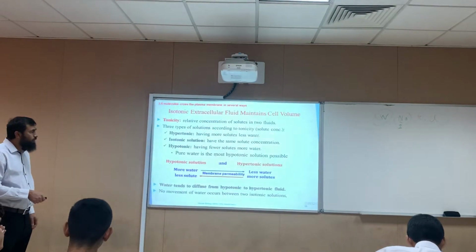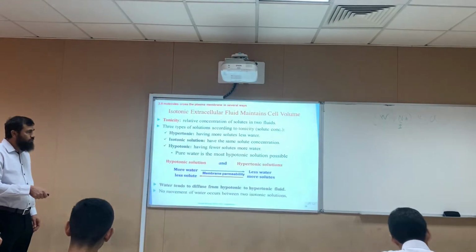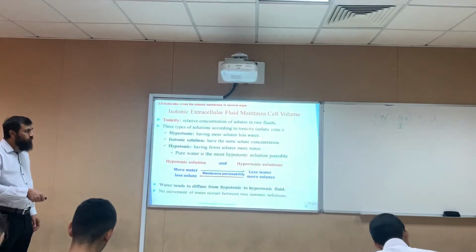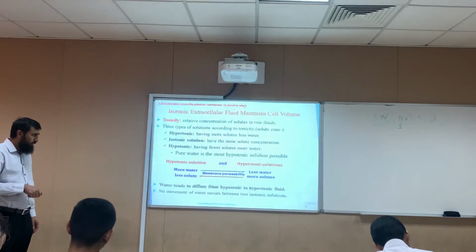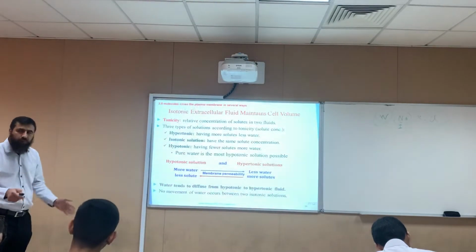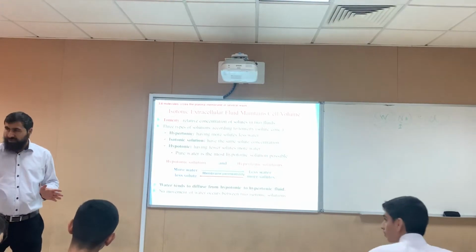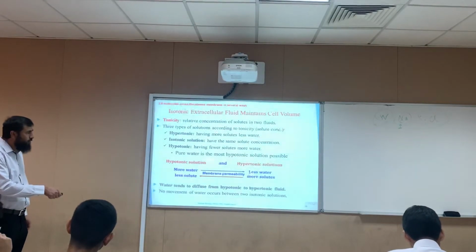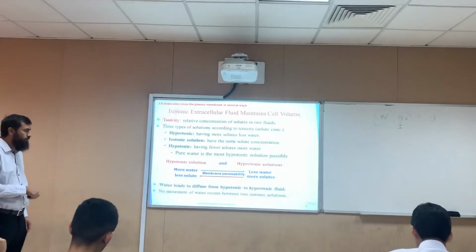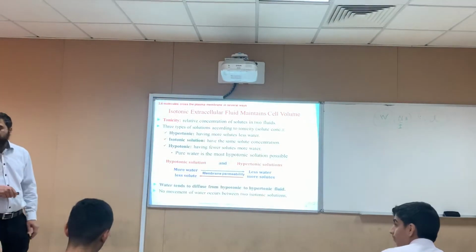Remember that water moves from hypotonic to hypertonic. So water will move this way, towards where you have more solutes. Water will move by what process? Osmosis. So water will move by osmosis from hypotonic to hypertonic solution. In an isotonic solution, do you have movement of water?